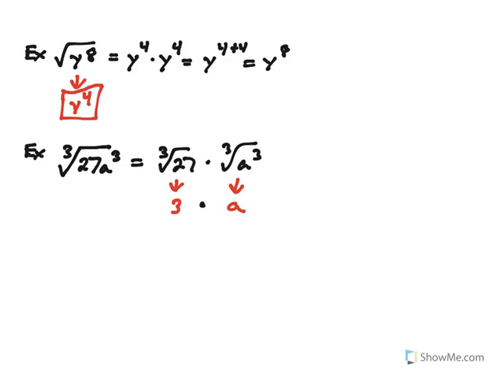So my answer is going to be 3a, okay, because 3 times a is 3a, all right? So breaking them down into separate cubes is maybe a little easier. That way it's not overwhelming. Okay, so interestingly enough here, we can do another example.